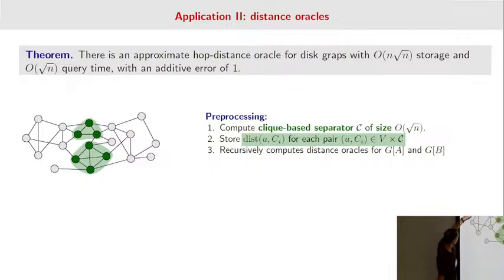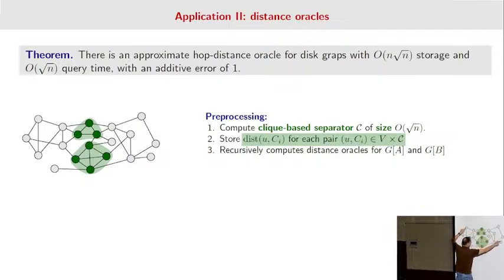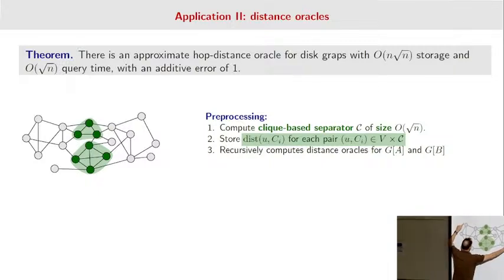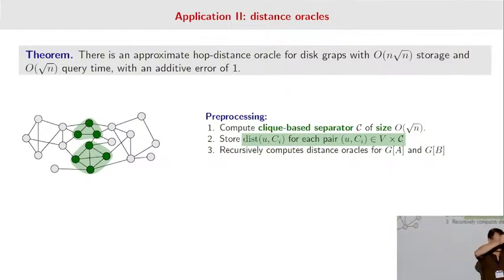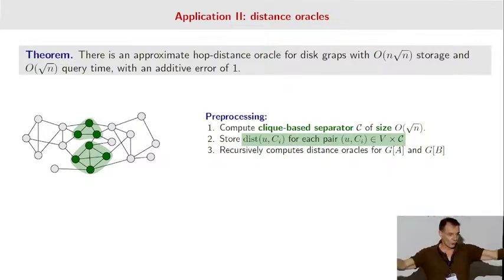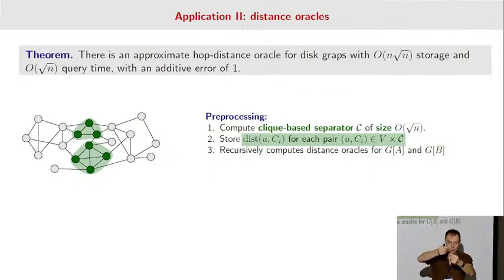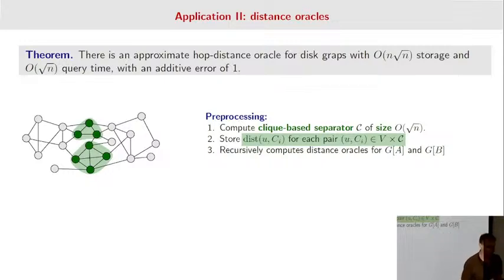And then if I want to go from here to here, do I have to go through this clique or this clique? If I take this one for instance, I know the distance from here to the clique, I know the distance from here to the clique, but I don't know if I end up in the same node or not, and in the second case I need one extra link. So that's why you get an additive error of 1.